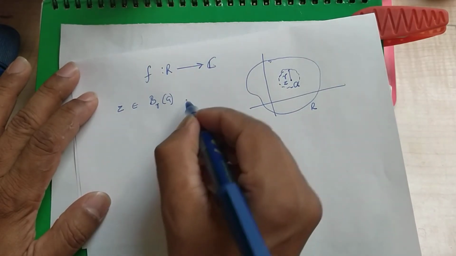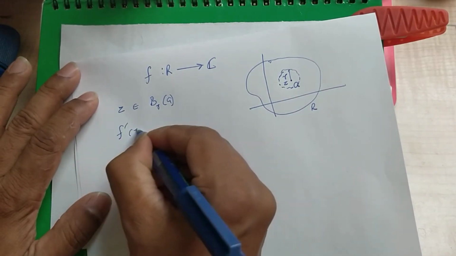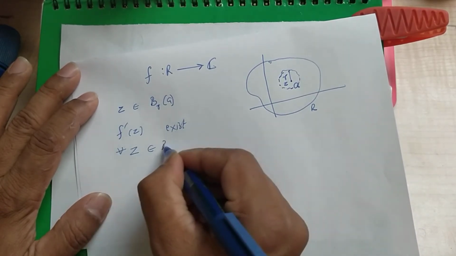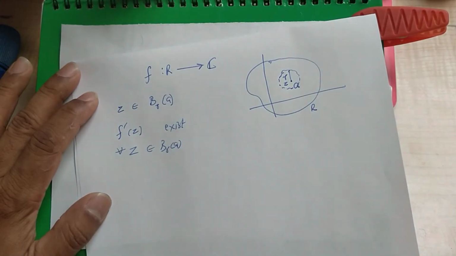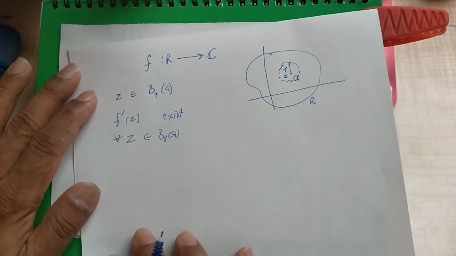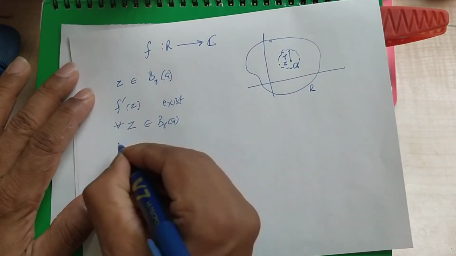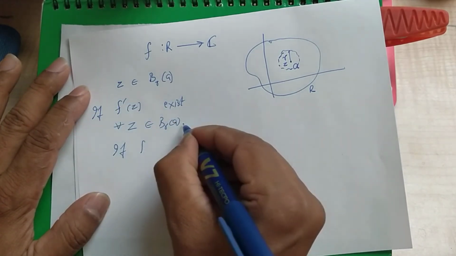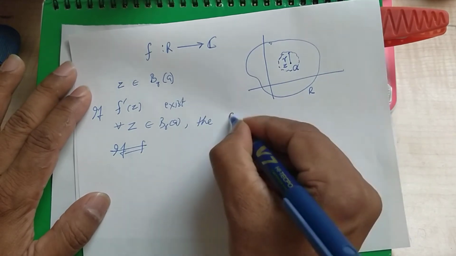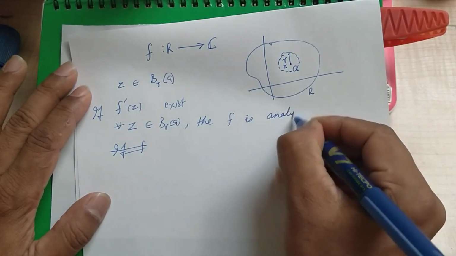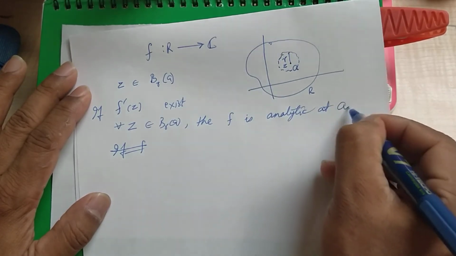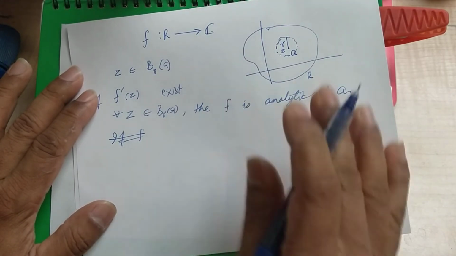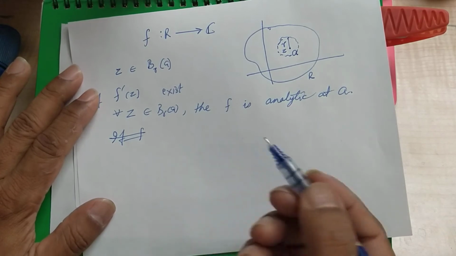If there is a ball such that f dash z exists for all z in this ball, then you say that f is analytic at A. And if f is analytic at A for all A in R, then we say that f is analytic in R.